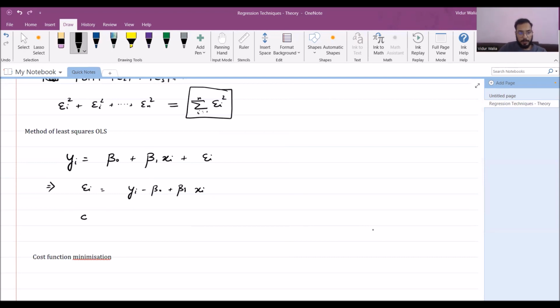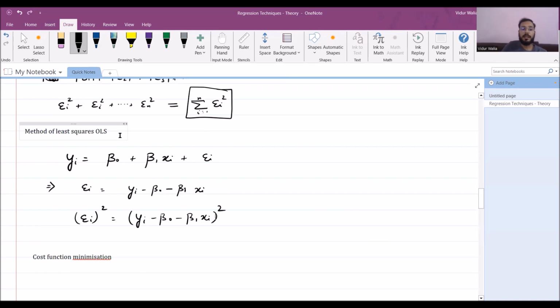And let me calculate epsilon i square over here. So what will I get? I will get yi minus beta naught minus beta 1 xi whole square, right?